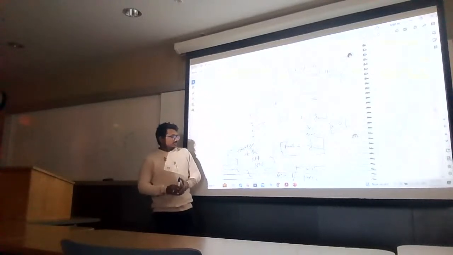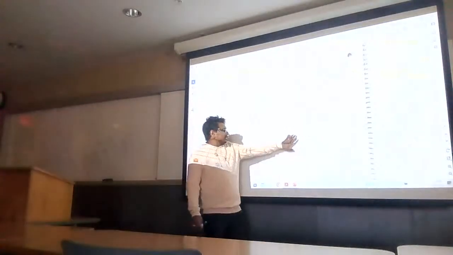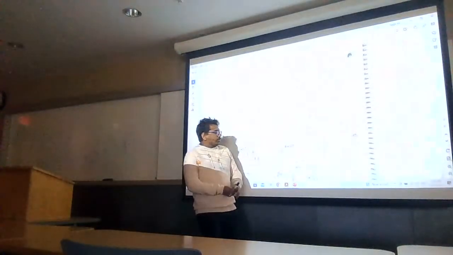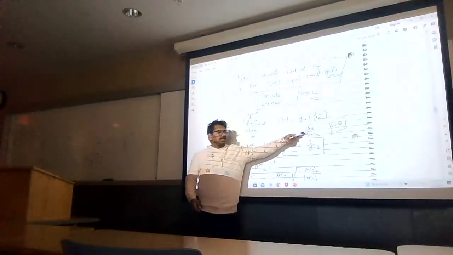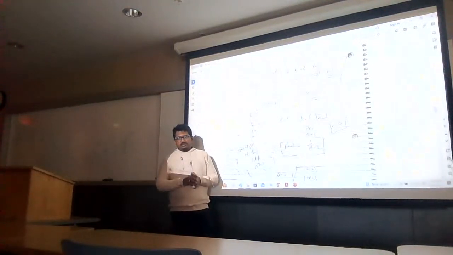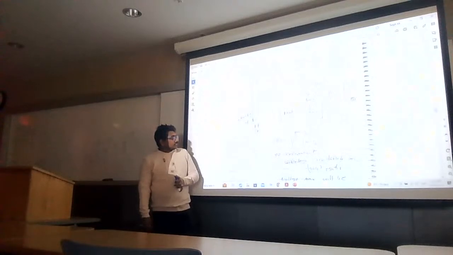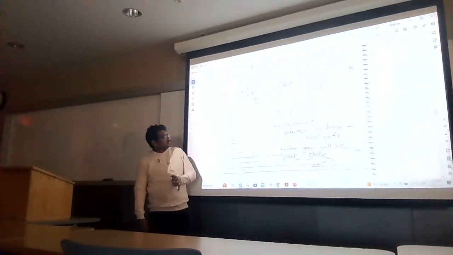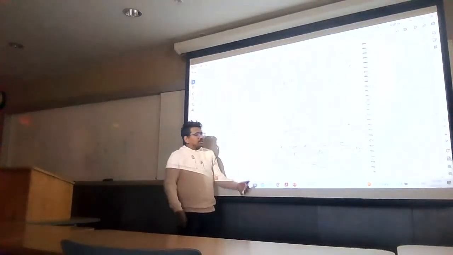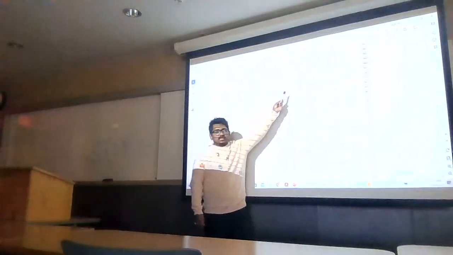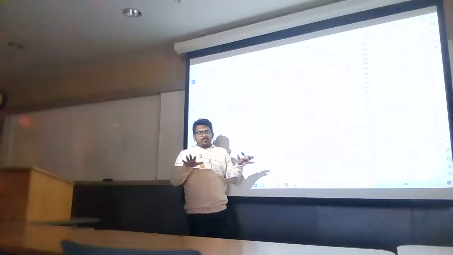What advantage? You can see here the gain of this circuit only depends on the ratio of two transconductances. There is also some simplification. There are a couple of formulas for GM.